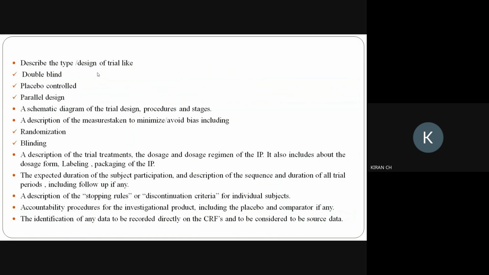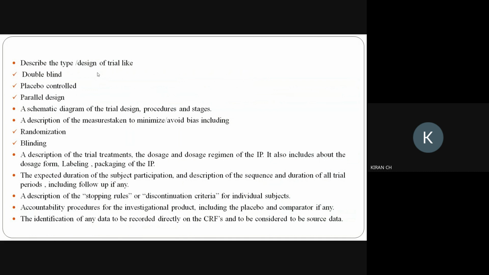Whichever patient he knows very well, he'll give the drug. Whichever patient he doesn't like, he'll give placebo. This kind of thing will happen. That's the reason randomization is done in clinical trials. Randomization means randomly. Even the doctor will not know which drug he is giving to which patient.